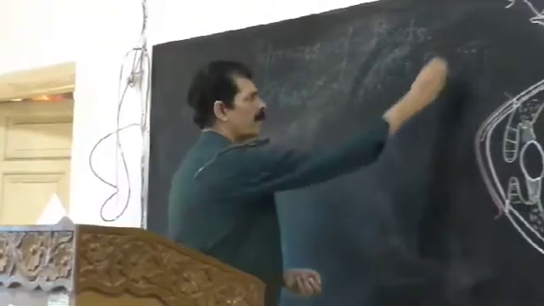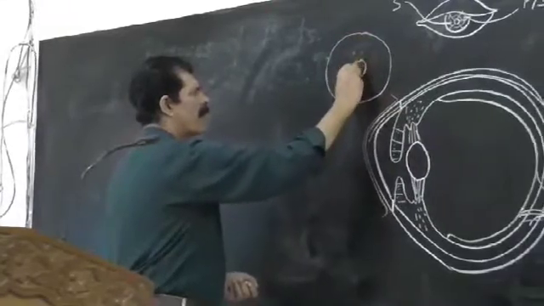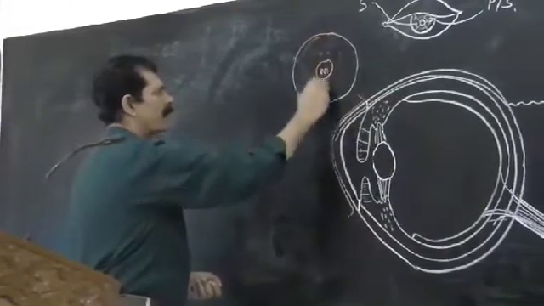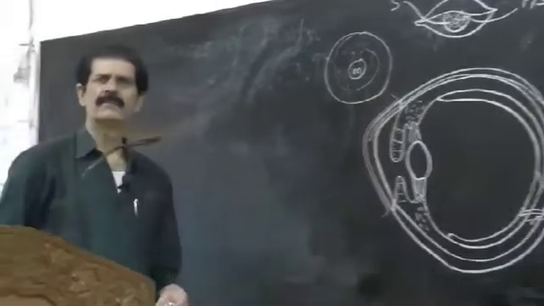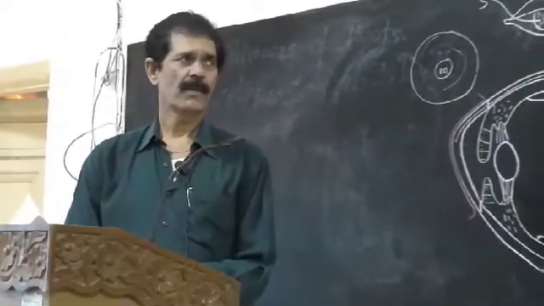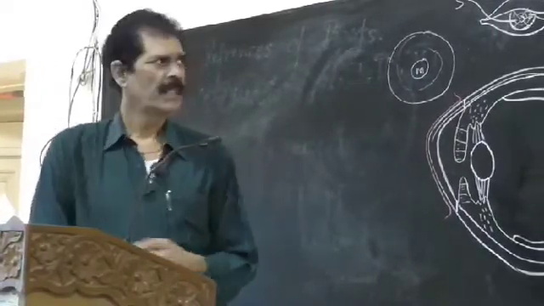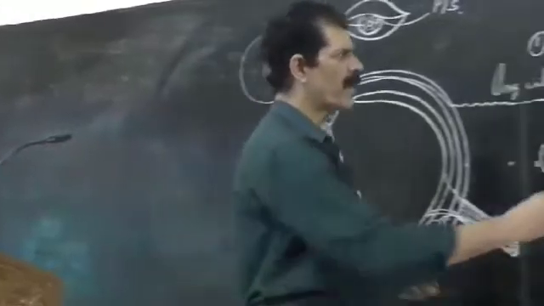The center part of the retina where the image is formed is called the macula. This is the peripheral part. Here also an image is formed. So for binocular vision, the retina is present. So what is the afferent of the pupillary reflex?